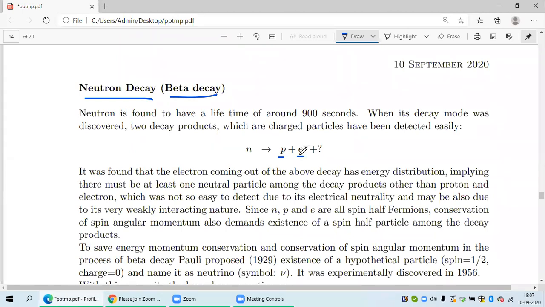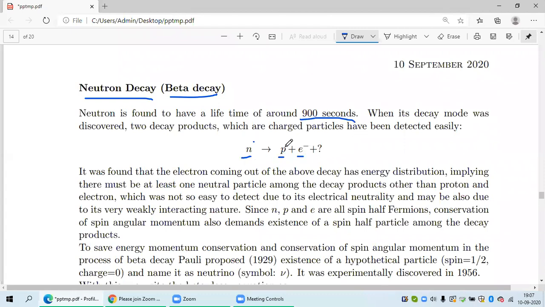That electron that comes out as the decay product, we call the beta particle. Experimentally it is seen that a free neutron can also decay. It need not be inside the nucleus, and it has a lifetime of 900 seconds.